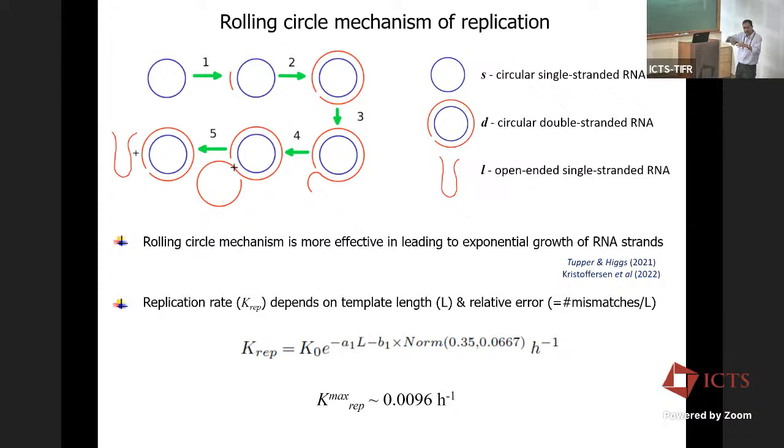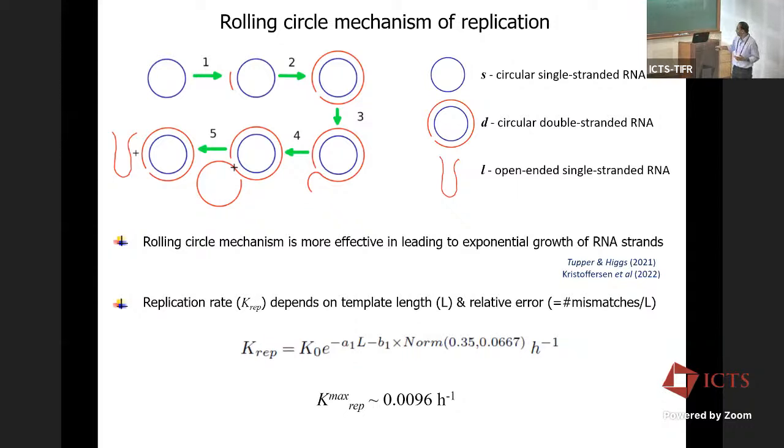So provided we can produce circular templates which are long enough, this can lead to a consistent way of replicating long sequences, which can also differ from the sequence of the template, because that's what we want, right? We want a variation to be produced, and that variation is produced because of the error-prone nature of the replication process.